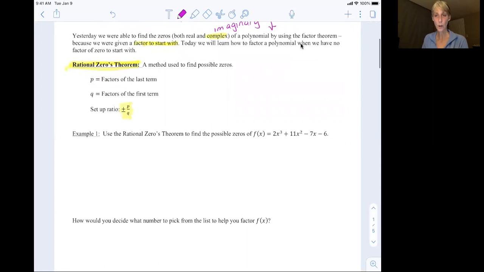So we're going to go back to our original do now. If I start with my original function, I just want to write it down a little bit lower: 2x cubed plus 11x squared minus 7x minus 6.